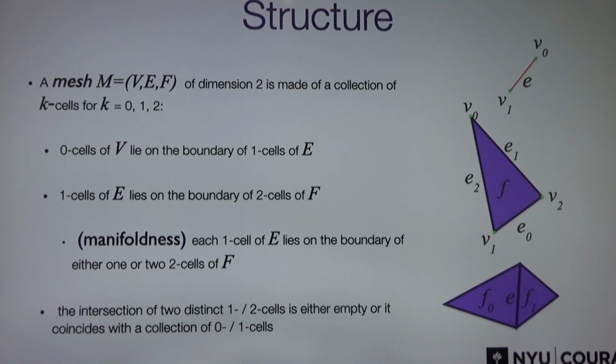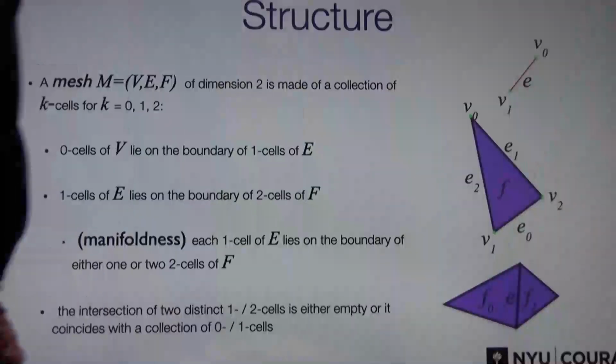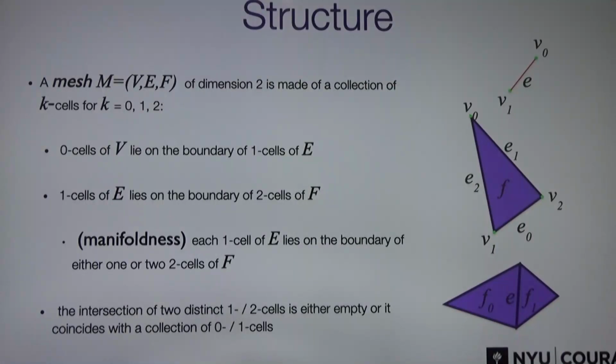And the mesh itself, for instance, we will be only working here with triangular meshes. So it's actually composed of triangles, right? Each triangle is three vertices plus three edges. They also have to be glued together.